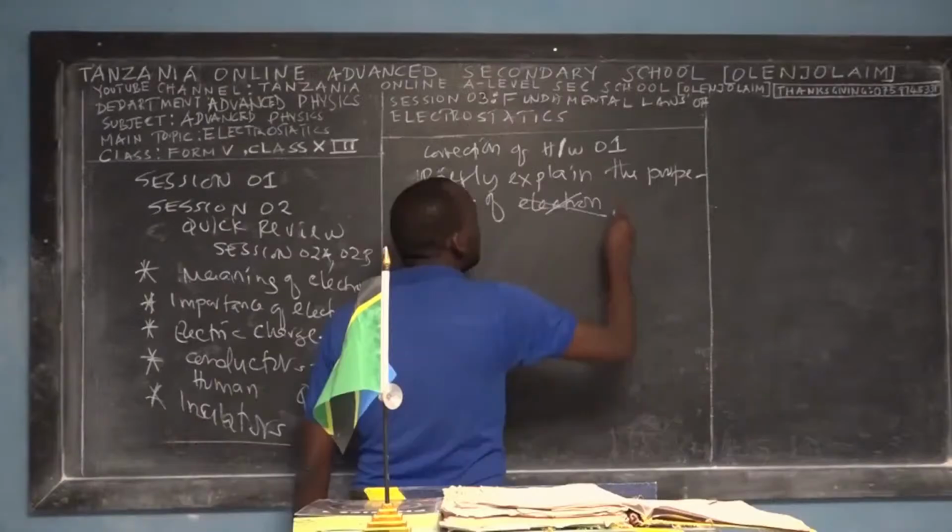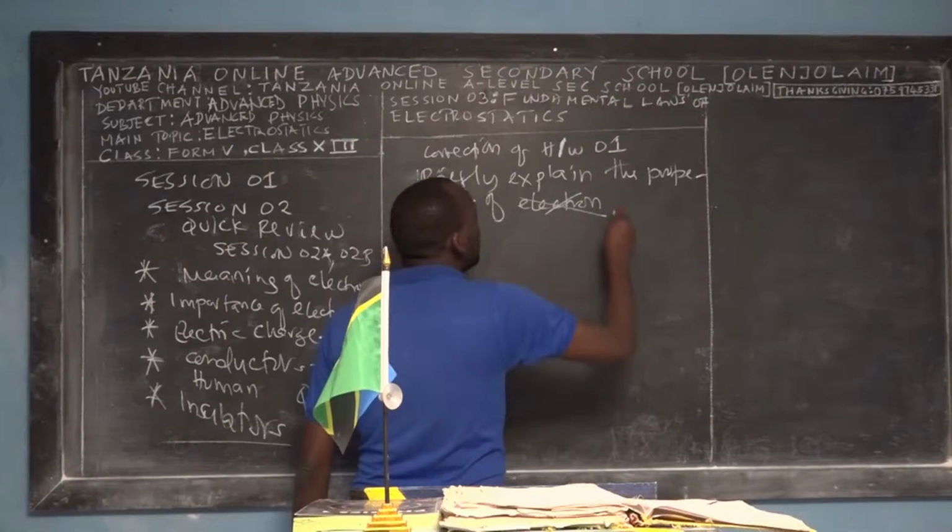The question asks: briefly explain the properties of electron. Okay, so this is how I wrote it. So cross this one and write properties of electric charge.